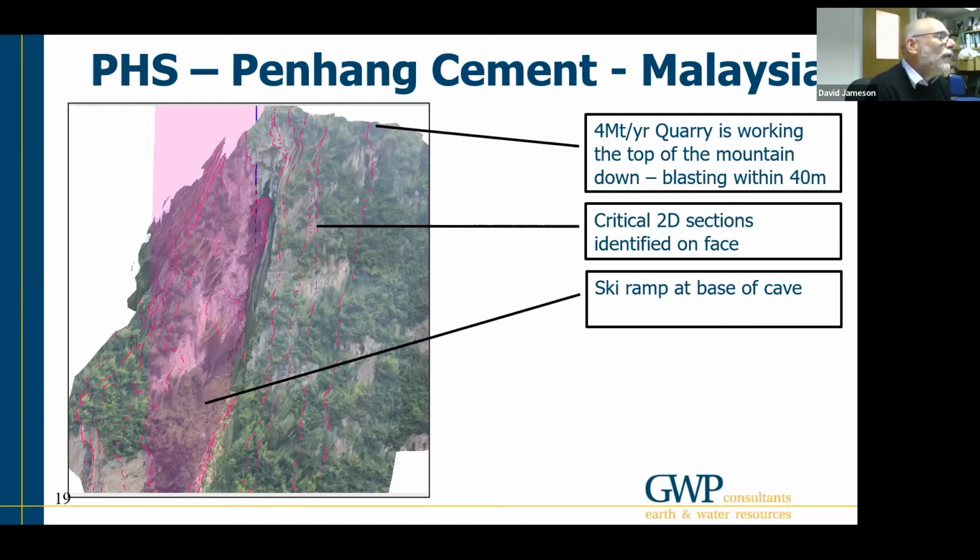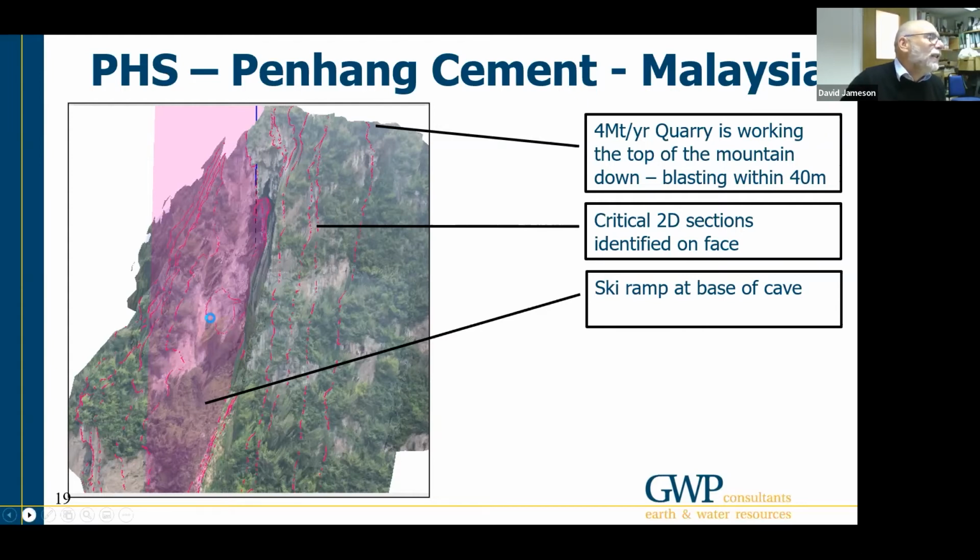So just shown on there is quite a number of the critical 2D sections that we identified. The slope geometry was defined using photogrammetry, both from the bottom and the side, and using some remote scanning survey equipment that I had available on site as well.